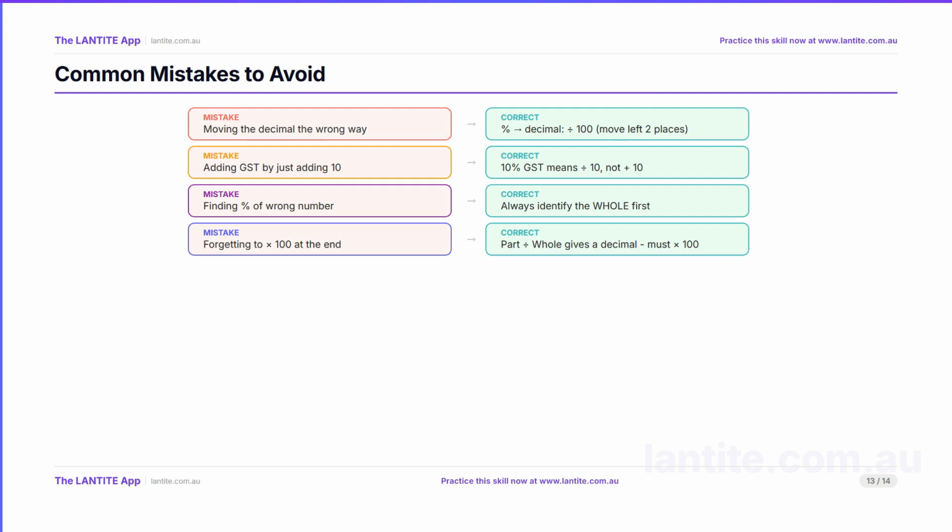You need to find 10% of the amount, which is 45. Third, calculating the percentage of the wrong number. Always identify what the whole is first. And fourth, forgetting to multiply by 100 when expressing an amount as a percentage. Part divided by whole gives you a decimal. You must multiply by 100 to get the percentage.